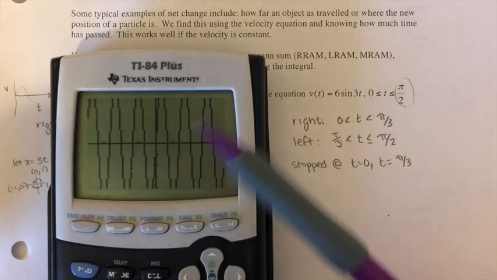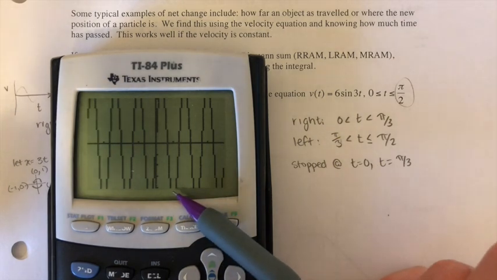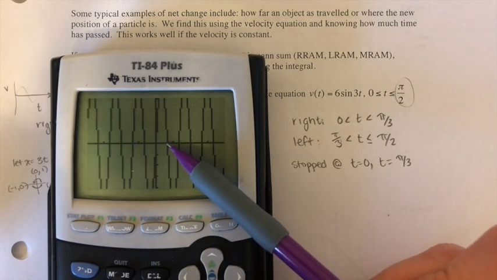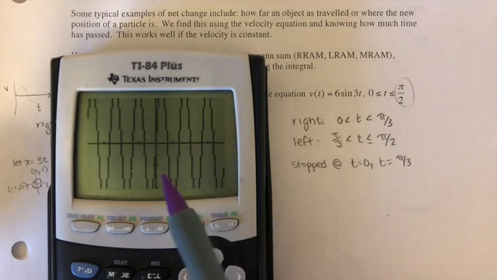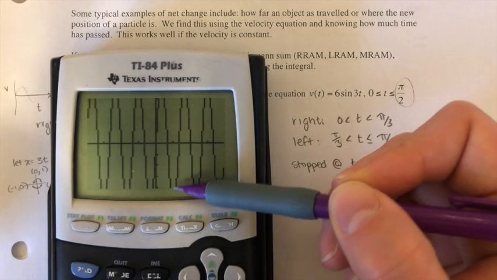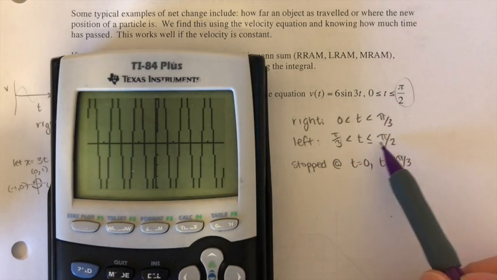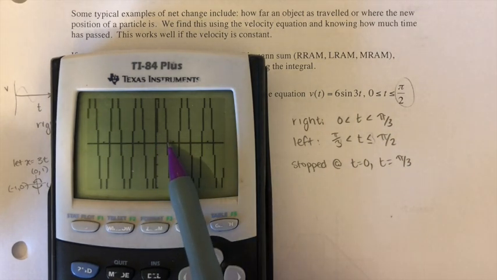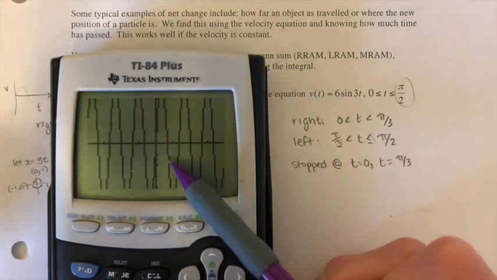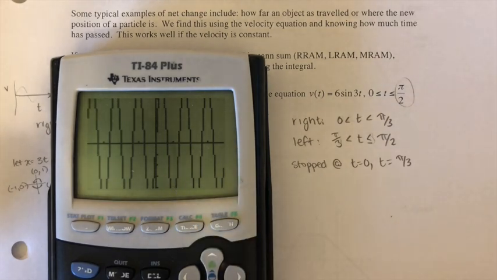And then it stops again at pi over 3, and then goes negative, and it's still going negative at pi over 2, right? It's still going in that negative direction here, so that's why we include that boundary. So stopped at 0, stopped at pi over 3, positive in between those two, and then between that stop and pi over 2, which is our end boundary, it's always going negative. Okay?